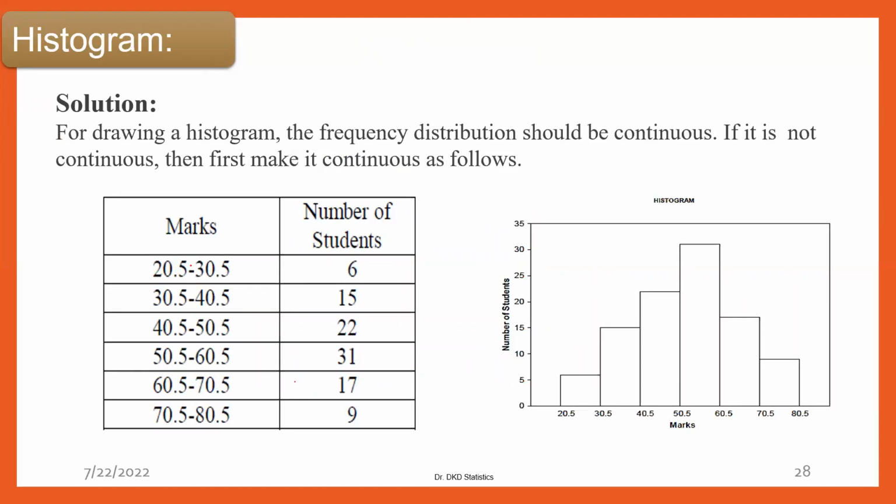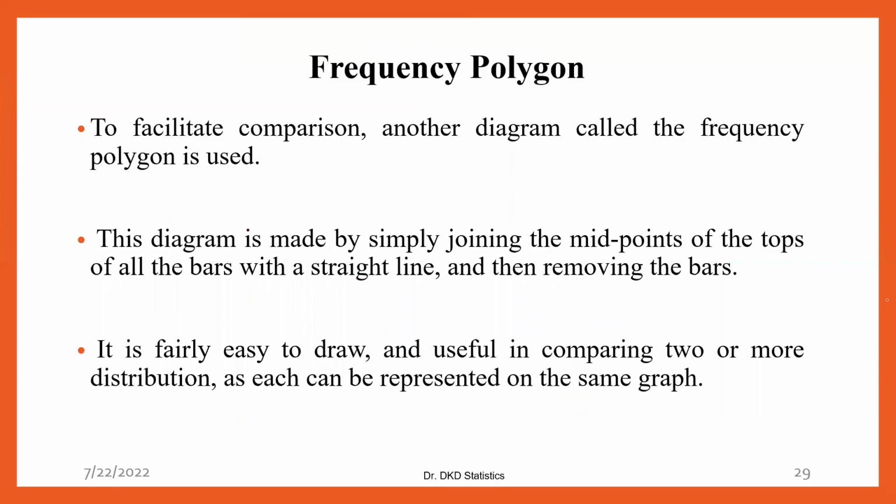So we take the value 0.5. We subtract 0.5 from each lower limit and add 0.5 to each upper limit in the class intervals. Then we get the continuous class interval, known as the exclusive type of class interval, with the corresponding frequency given. Once we have this exclusive type of class interval, then we can create the histogram, which is very important to understand.